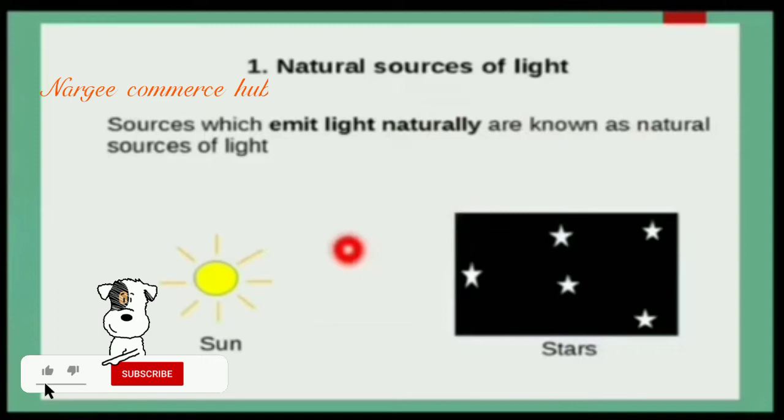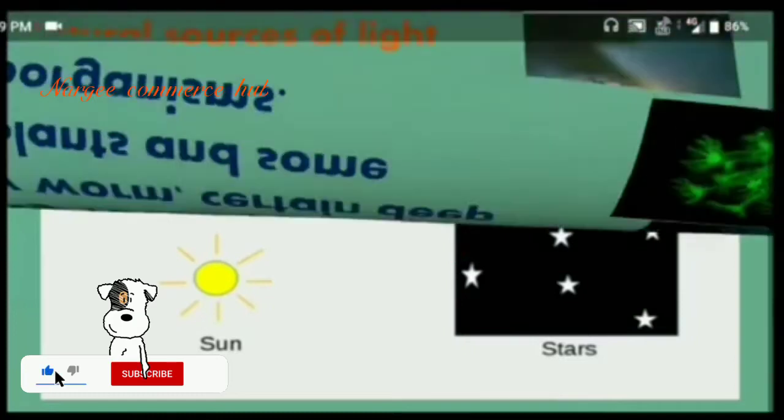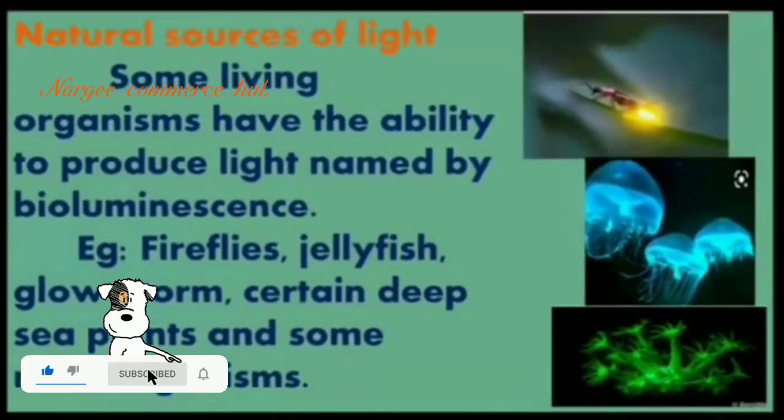The sun is the primary and major source of natural light. Stars also produce light in the same way as the sun does. The moon provides light particularly in the night. Some living organisms have the ability to produce light, called bioluminescence.